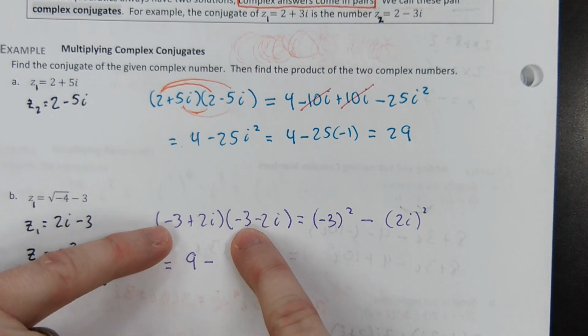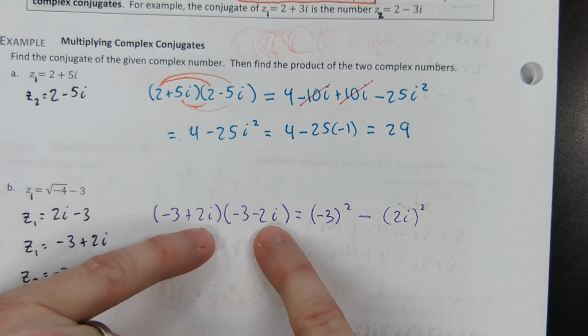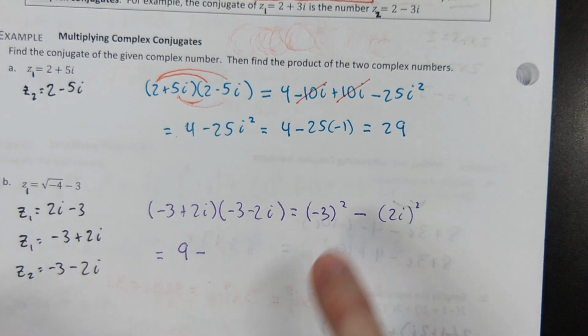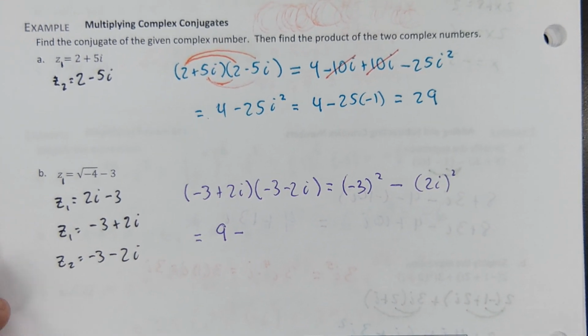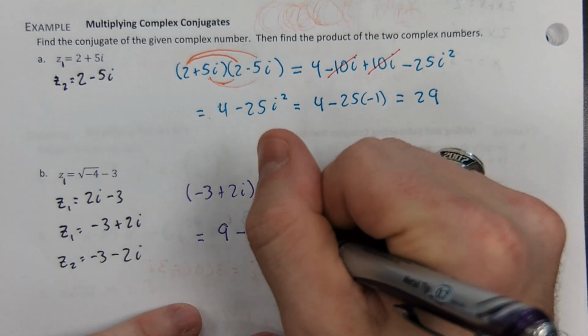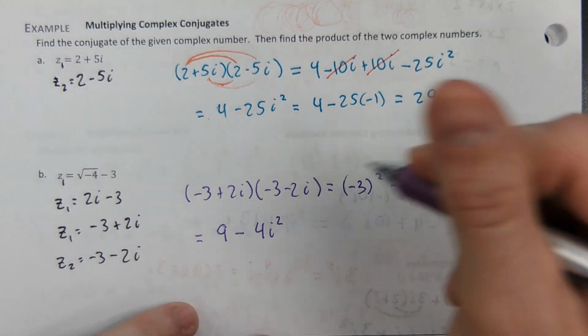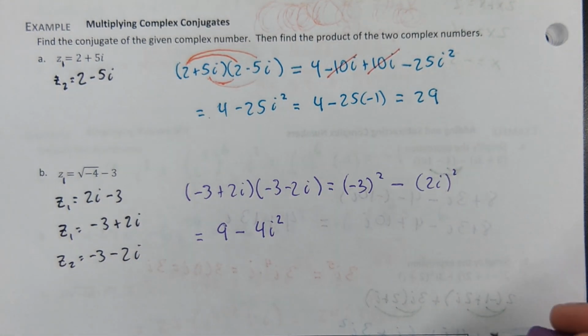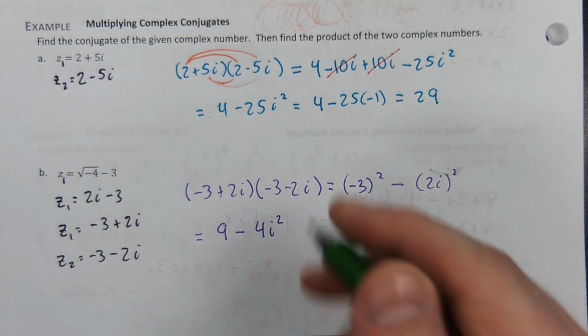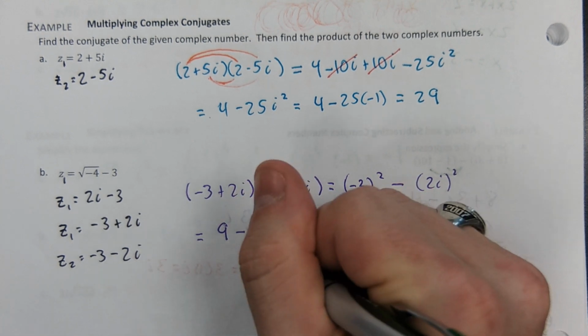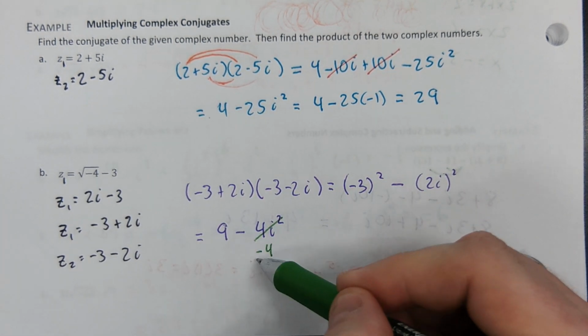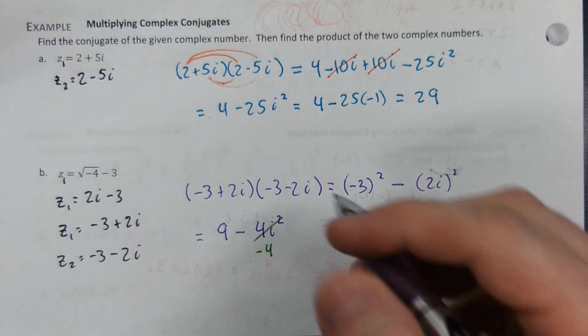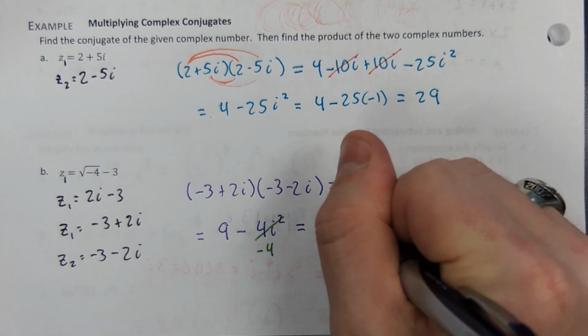So square the negative 3, square the 2i, put a minus sign in between. It's going to give us 4i squared. But because i squared is negative 1, this 4i squared is actually negative 4. So what it says is 9 minus negative 4, which is 9 plus 4. So 13.